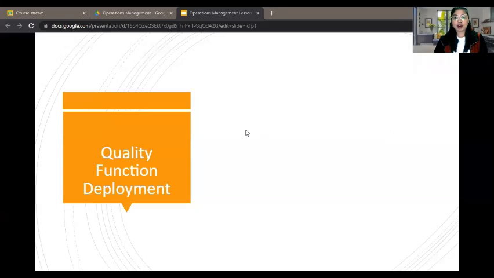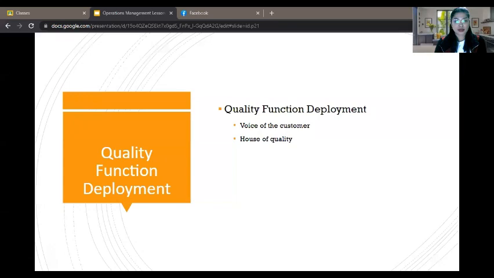Obtaining input from customers is essential to assure that they will want what is offered for sale. Although obtaining input can be informal through discussion with customers, there is also a formal way to document customer wants. Again, for quality function deployment, we have the voice of the customer as its primary concern, and then we also have the house of quality.